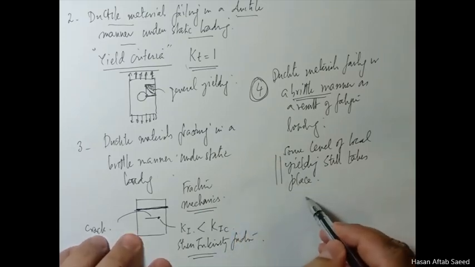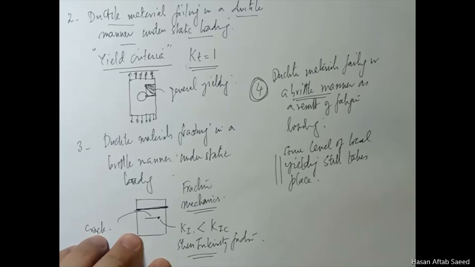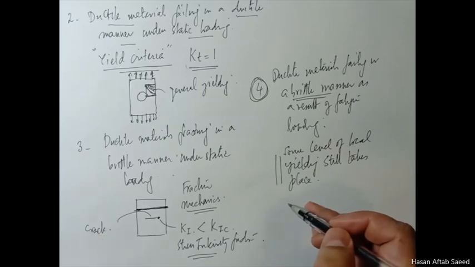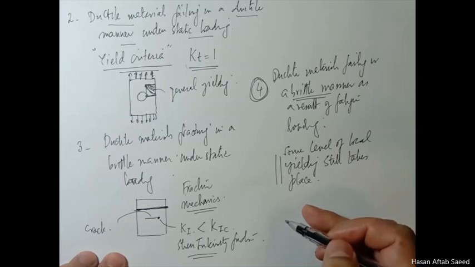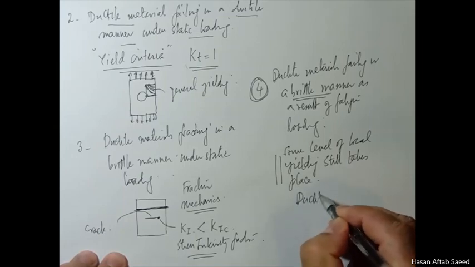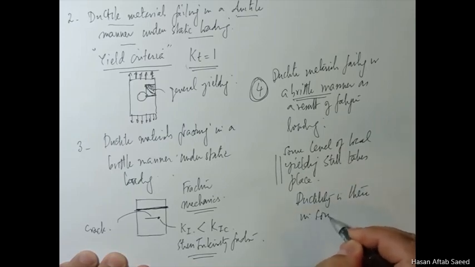This deals with the initiation of cracks and then the progression of cracks. But at each step of the progression of cracks, a small amount of local plastic deformation or yielding still takes place. So although it's a brittle failure, you cannot rule out local level yielding completely. So you can say that ductility is there to some degree.